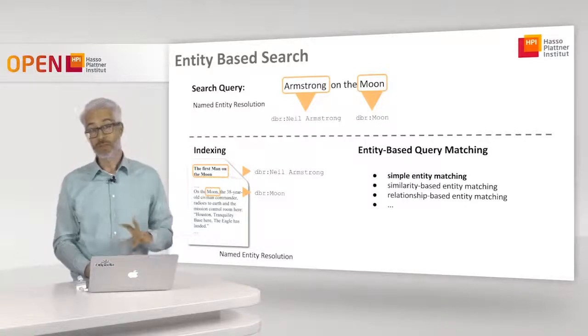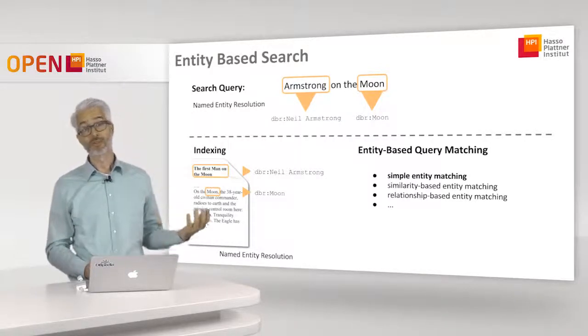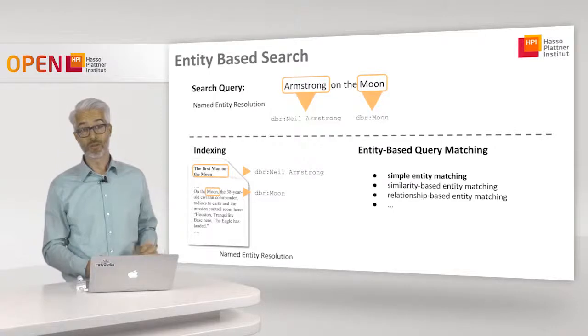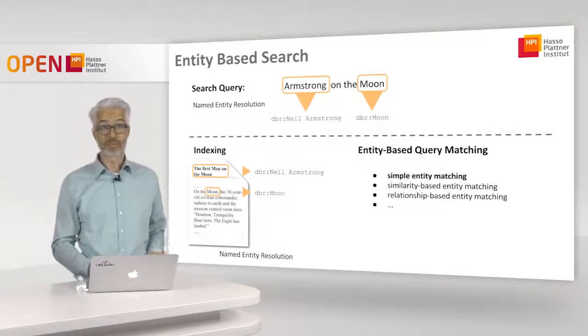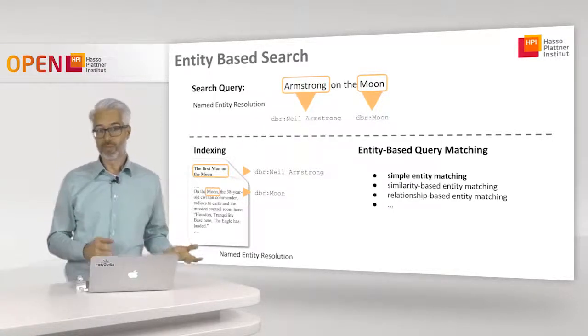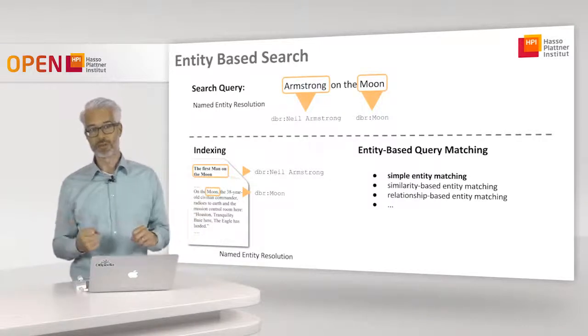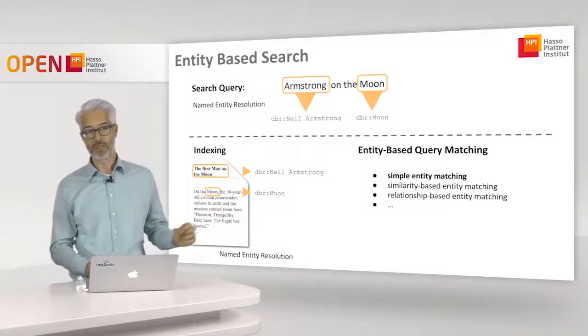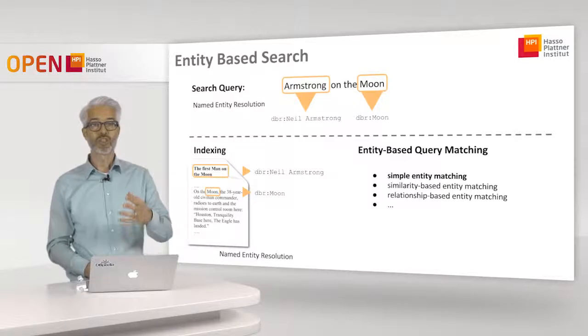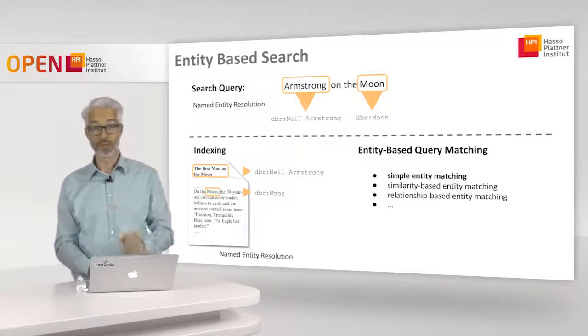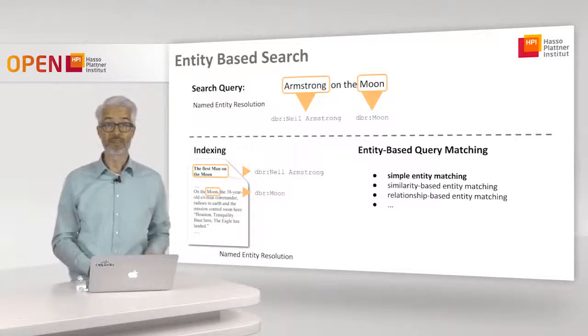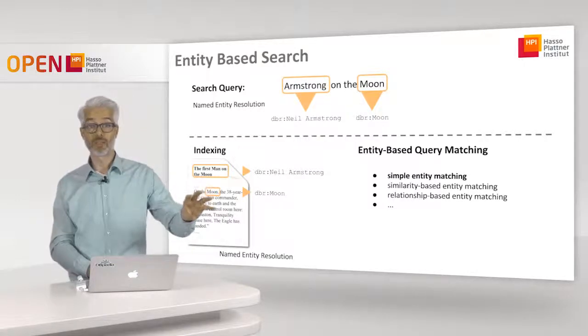This can be achieved with similar technology to that used in text-based search engines. For example, there are term frequency, inverse document frequency approaches. You can look this up in information retrieval, TF-IDF, which can be simply adapted for ordering semantic search results. So this is simple entity matching.